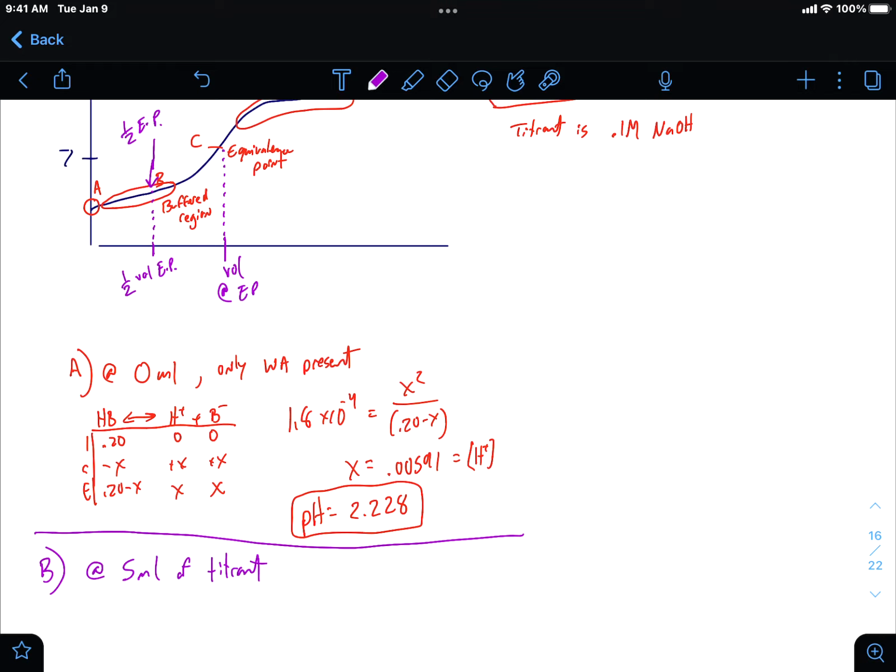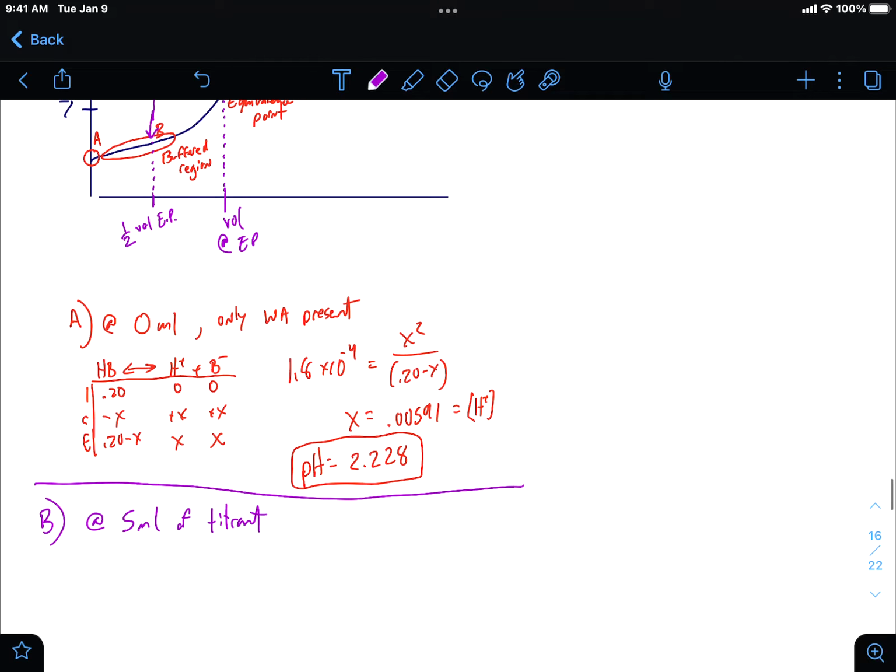So if we have 5 milliliters of the titrant, the first thing you need to do is figure out how many moles you have of both things. How many moles of sodium hydroxide and how many moles of weak acid. 0.005 liters times, we said it was 0.1 molar. So 0.0005 moles of the hydroxide were added.